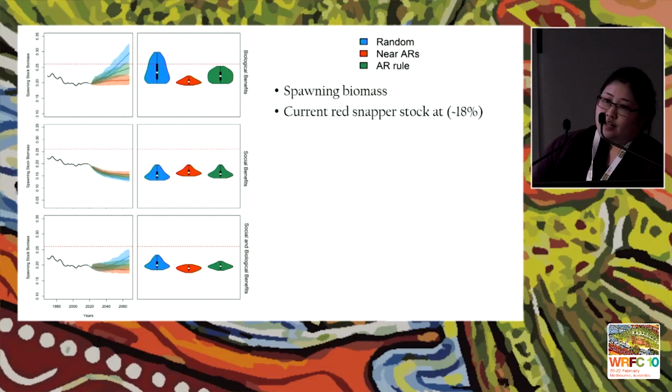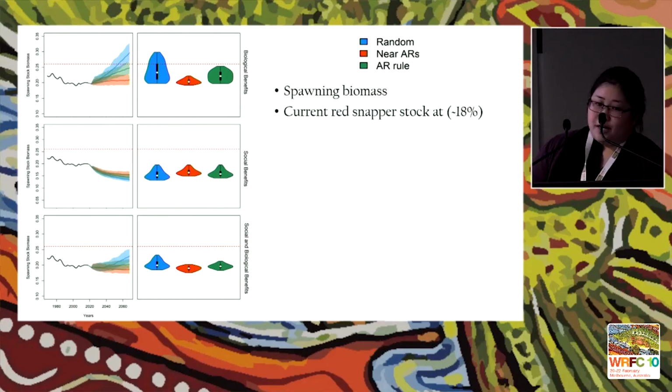The orange is near, essentially closer to shore and near our fisheries. And then the green is our rule. On the right are the violin plots, which you can pretty much interpret as box plots. But note that these are all the values across the last 50 years.